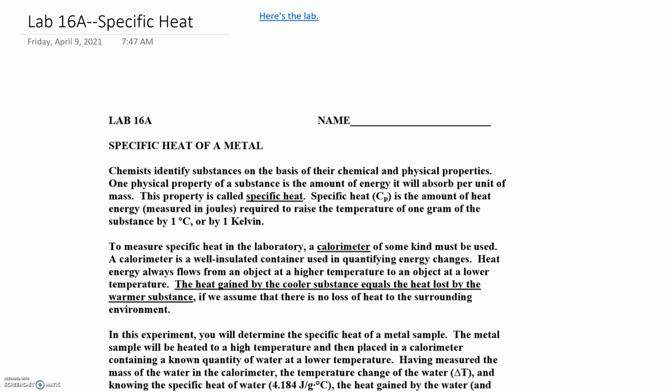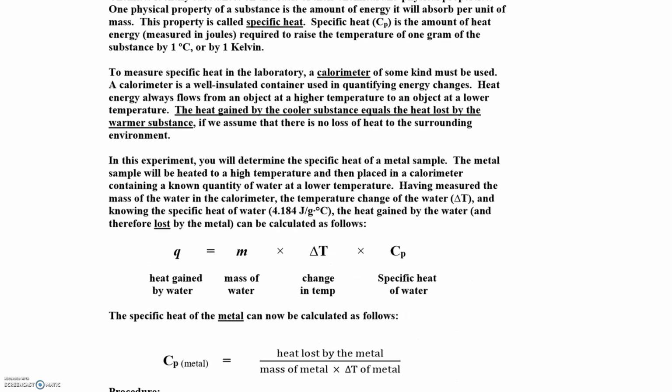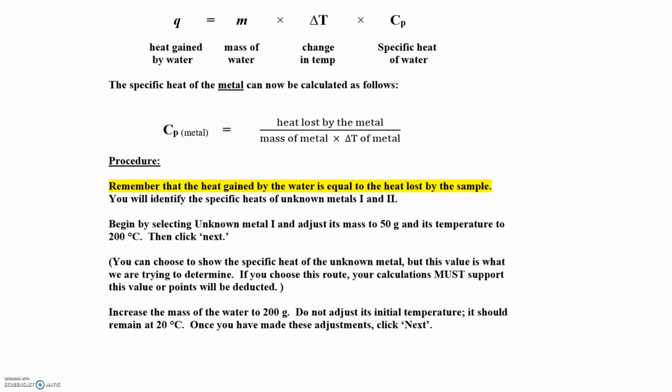Today we're going to be performing Lab 16A on the calculation of the specific heat of an unknown metal. I want to point out a particular piece of information that you should remember: the heat gained by the water is equal to the heat lost by the sample.